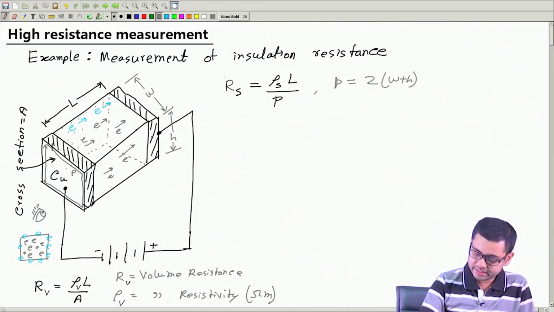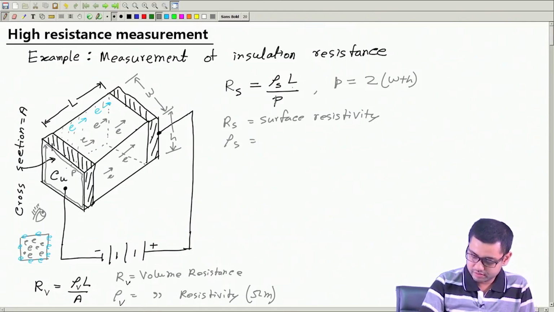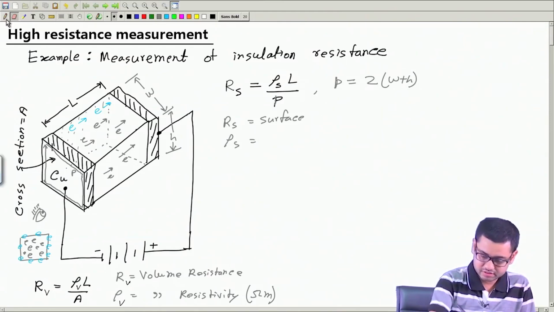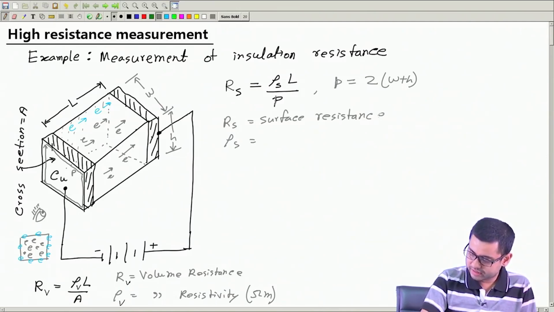Okay. This is what is called the surface resistivity. Rs is surface resistance, and rho s is surface resistivity.